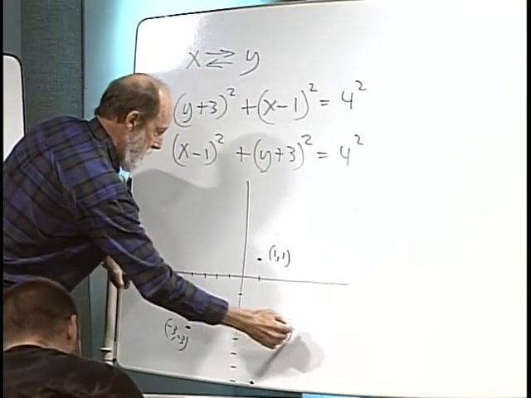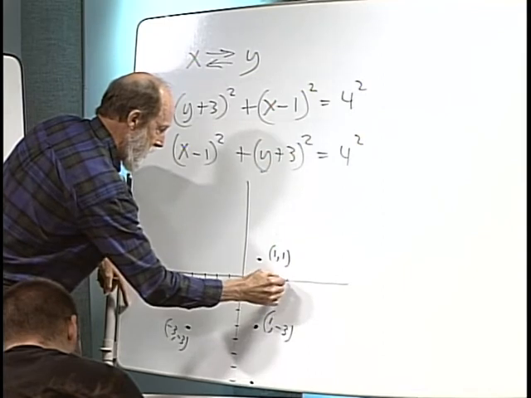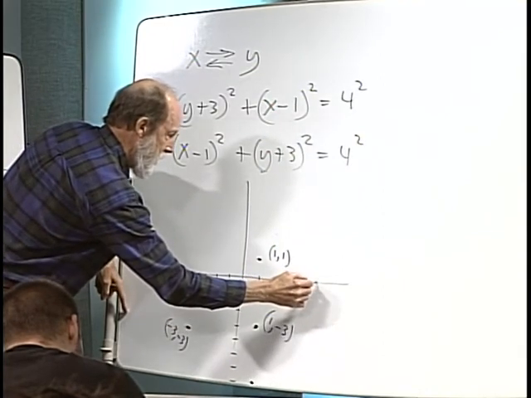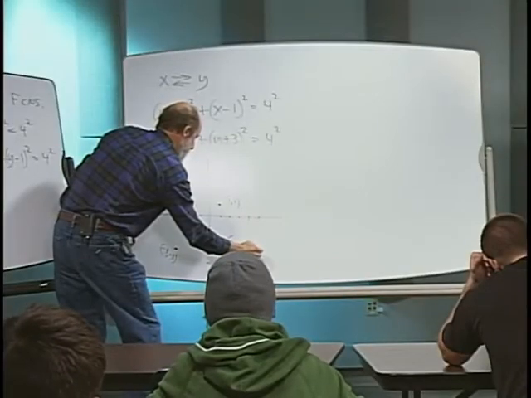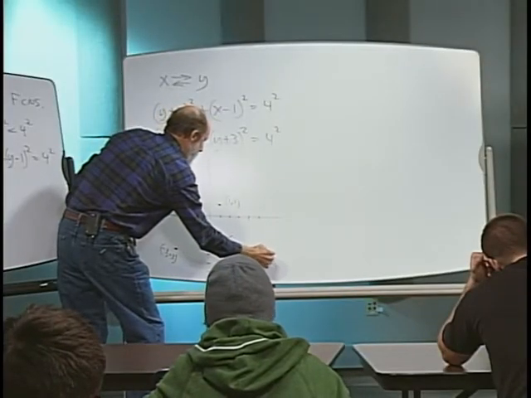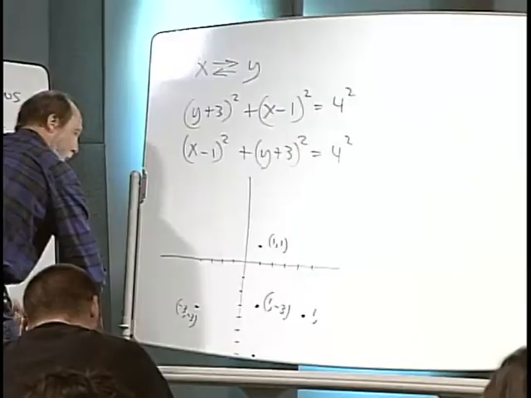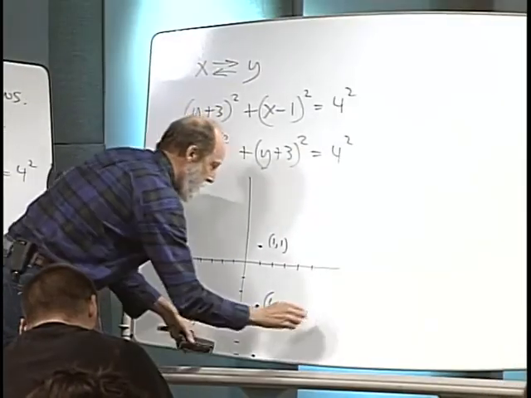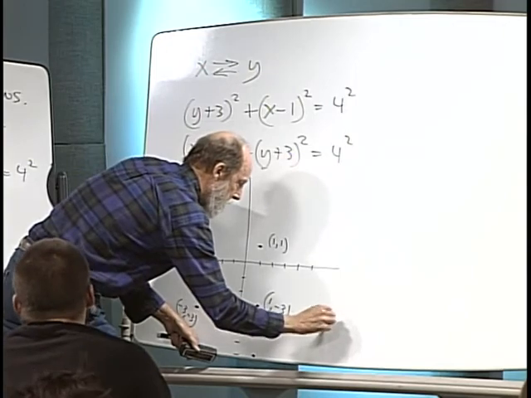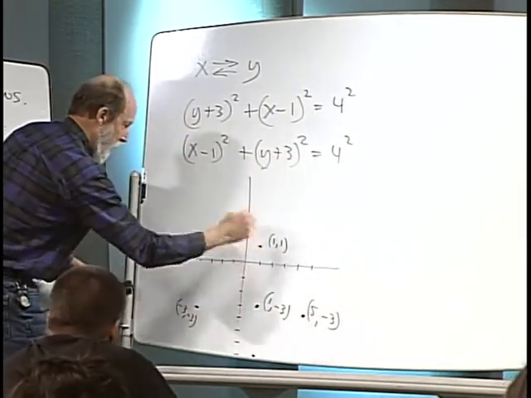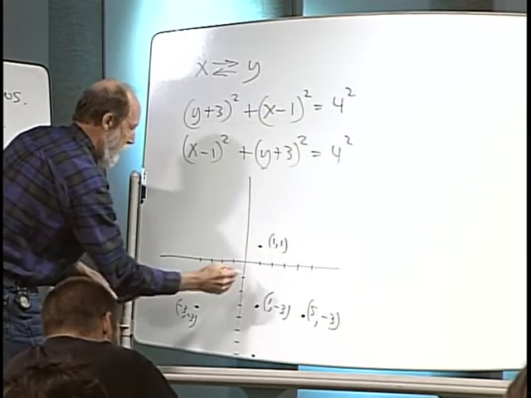And then finally off to the right. Oops. Out here, it looks like it should be 1. I'm sorry, it should be 4 to the right of that. Would be at 5, -3. So I've labeled 3 of the 4 points and the center as well.